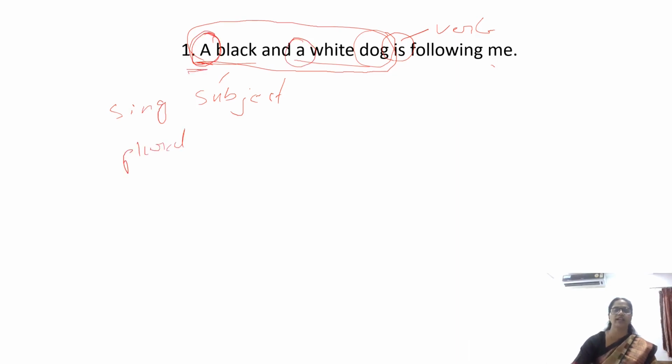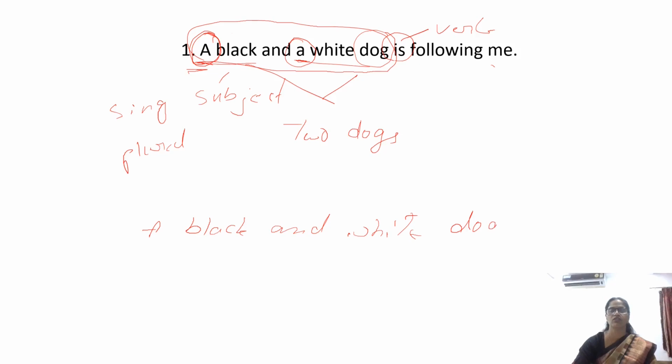If an article is used for both nouns, then it is considered as two dogs. Suppose an article is used only once, like a black and white dog, then here the subject is singular because we are talking about only one dog which is in black and white color.